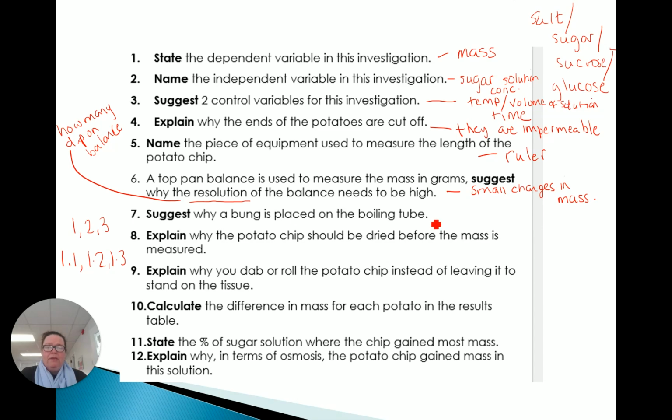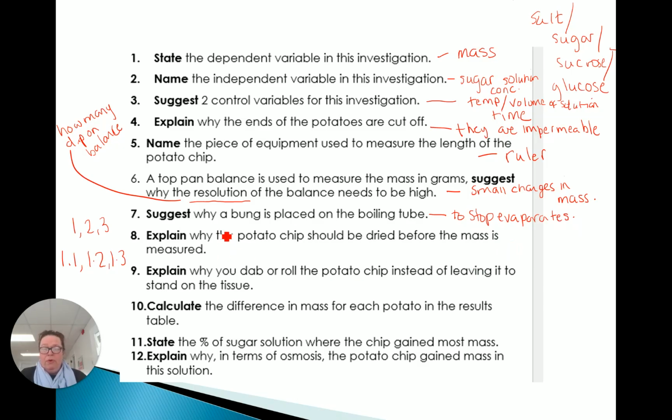Okay. Suggest why a bung is placed on the boiling tube. This comes up a lot, but for some reason teachers don't mention it very often. It's probably because they don't have enough bungs in the department to bung all of the tubes when you do this experiment. But if this comes up, to stop evaporation, because if any of that water evaporates, it's going to change that solution. Why should it be dried?